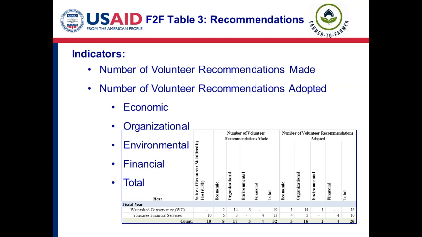When we talk about the financial indicators, we really stress that if an organization receives a loan, don't report that in a financial indicator. If an organization receives a loan as a result of volunteer assistance, that should go in resources mobilized by the host. If as a result of farmer-to-farmer assistance an organization qualifies for a grant, that should go in resources mobilized by host. Those kinds of things.